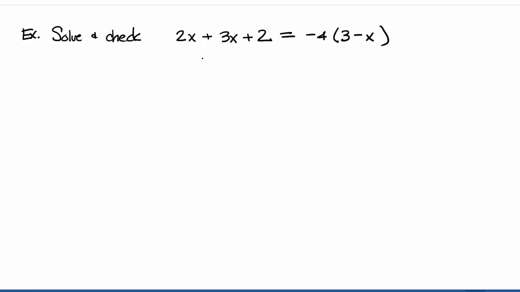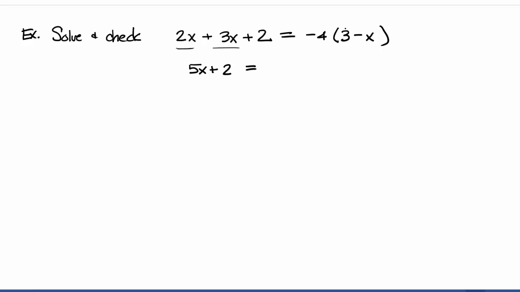So I want to solve and check this equation. 2x plus 3x plus 2 equals negative 4 times the quantity 3 minus x. So I look to see, can I do any kind of simplification on just my left-hand side? And sure enough, I can, right? I have a 3x and a 2x, so that gives me a 5x plus 2.